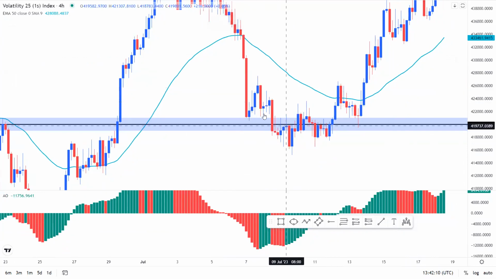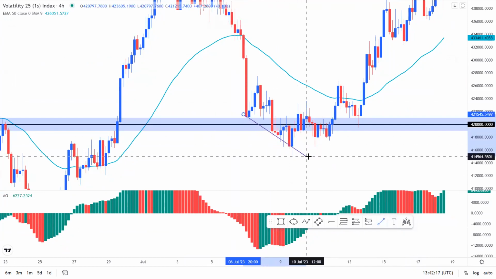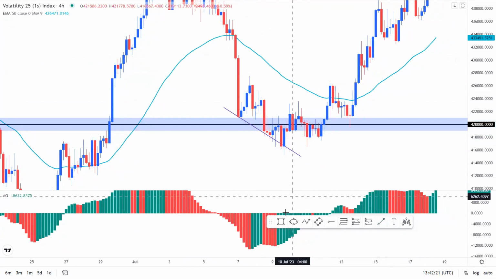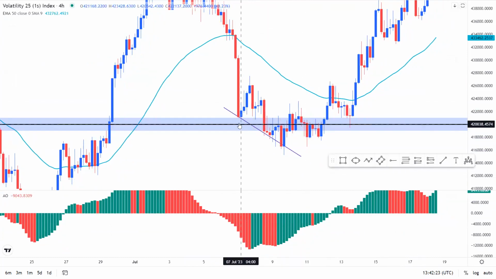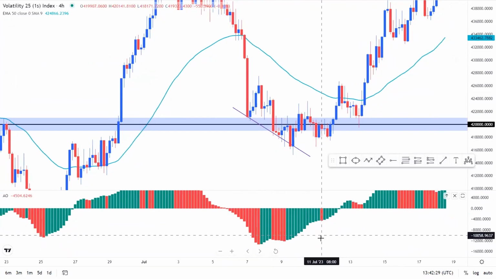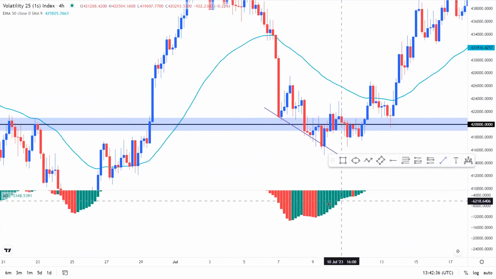Now we came right into our identified daily area of interest, and at this level, when we printed lower lows, the awesome oscillator indicator was printing higher lows.